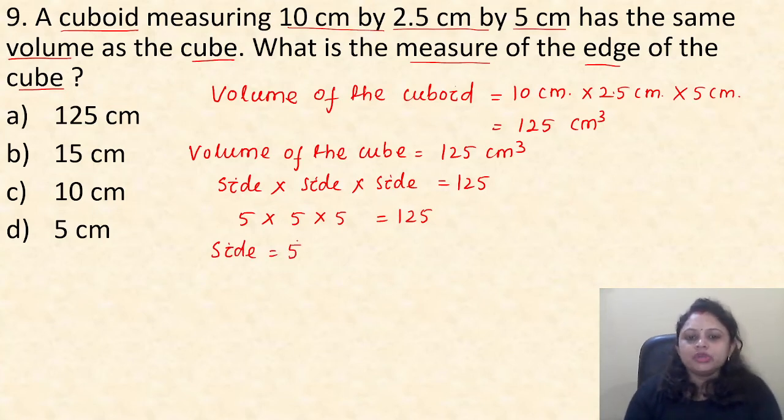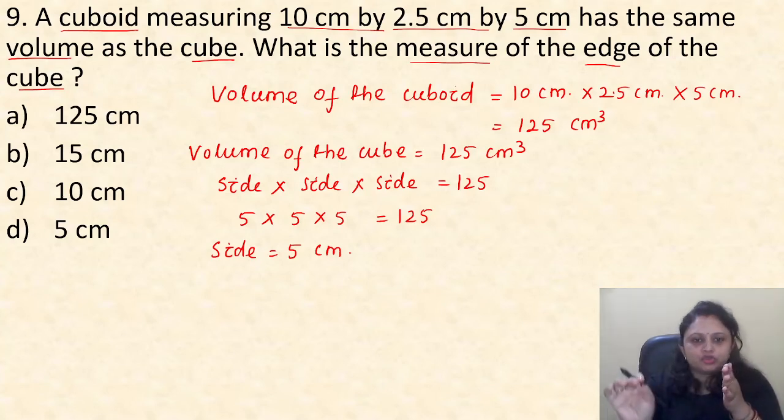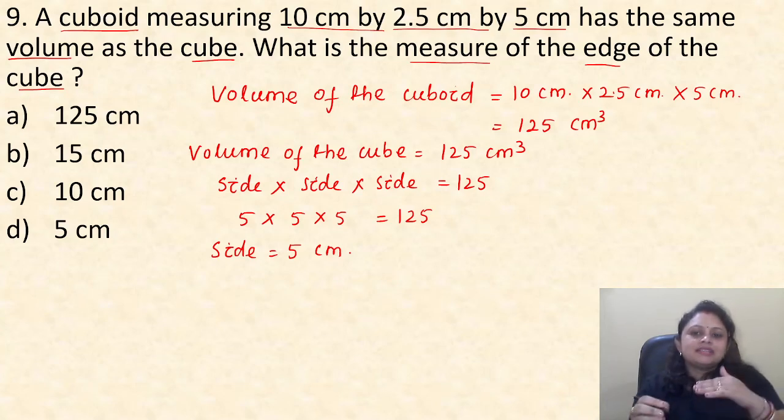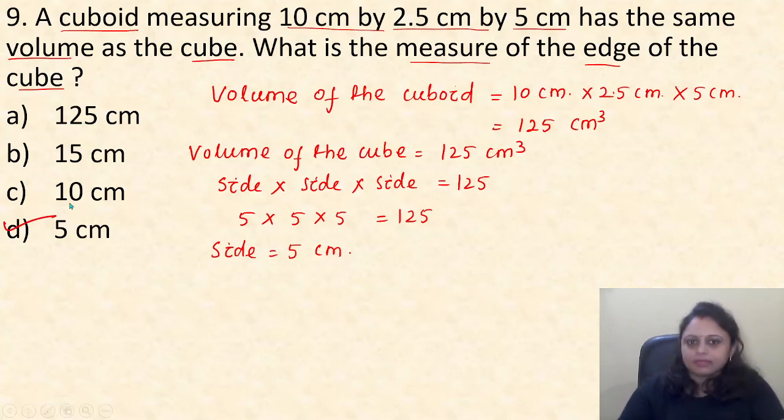And what about the unit? Everywhere centimeter is there, right? So we will put centimeter here also. So the correct answer, that is the measure of the edge of the cube, means it is asking you about the side of the cube, or we can say the length of the cube, that is 5 centimeter, which is present in option D. Got it? Coming to the next question.